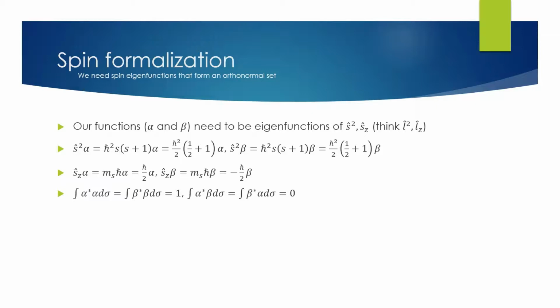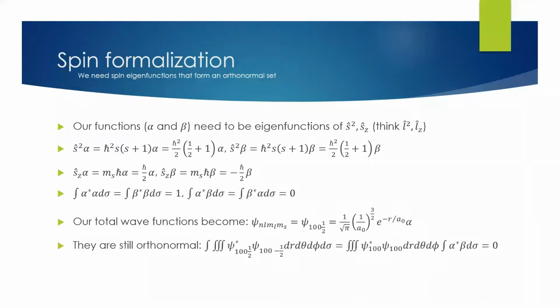Now, what this means is if I apply this to the broader scheme of things, and if I have a total wave function, now I'm including my m sub s here. So if my m sub s is +1/2, I simply apply this alpha term into my wave function. And now if I want to make sure my wave function is orthonormal, so say if I wanted to do the quadruple integral now of my wave function, so this is a 1s orbital, but here we have an electron with a spin up, and here we have an electron with a spin down.